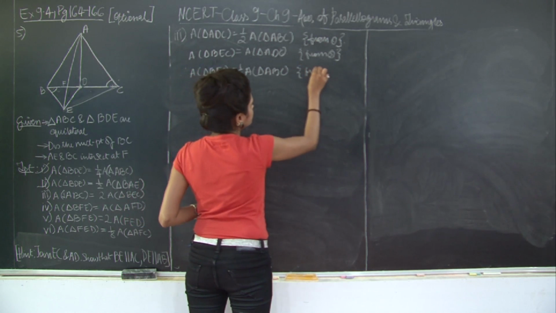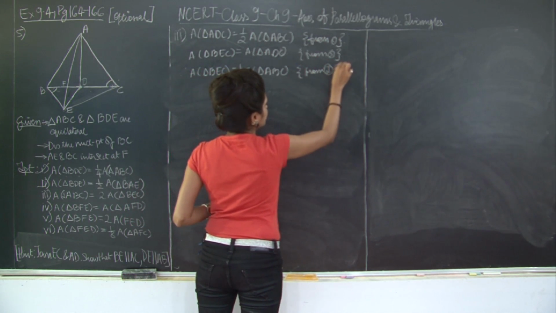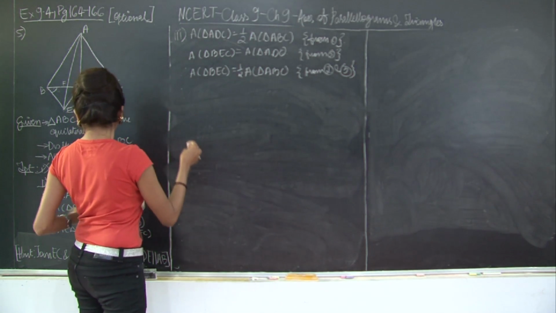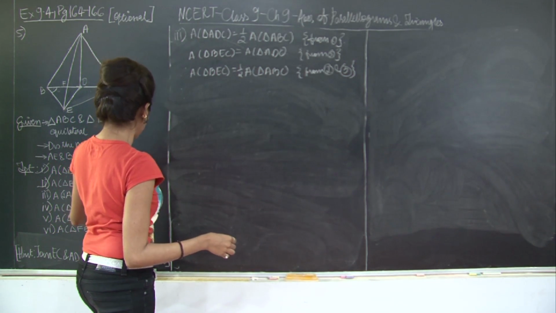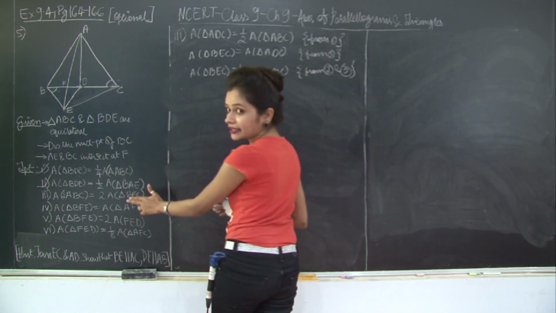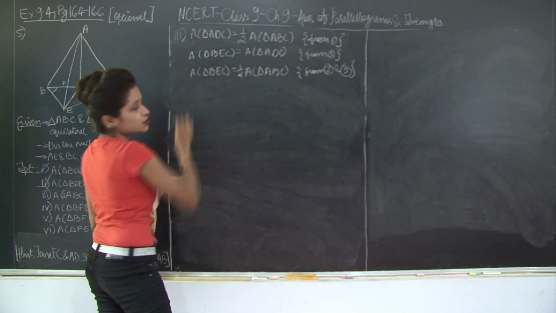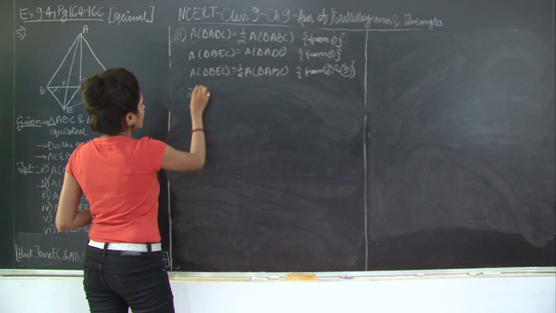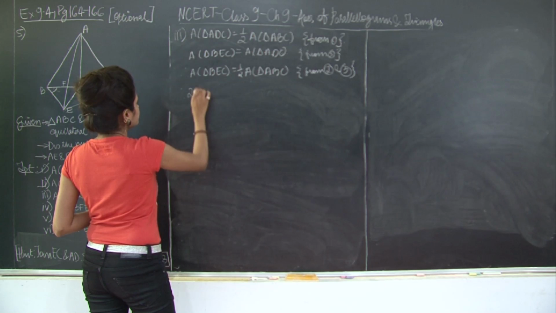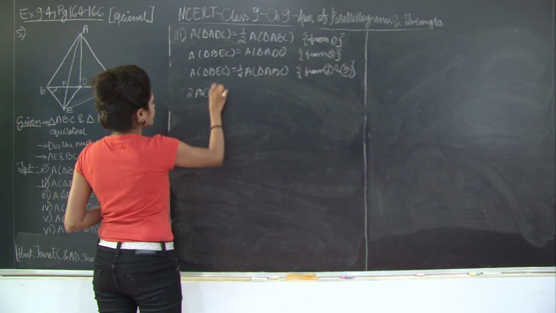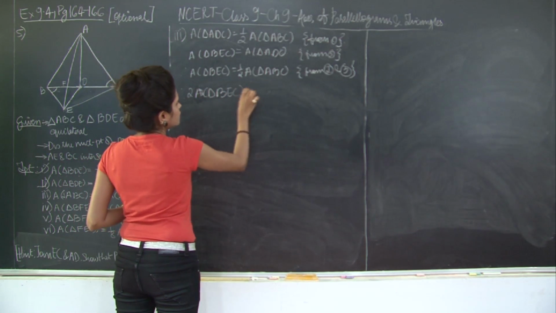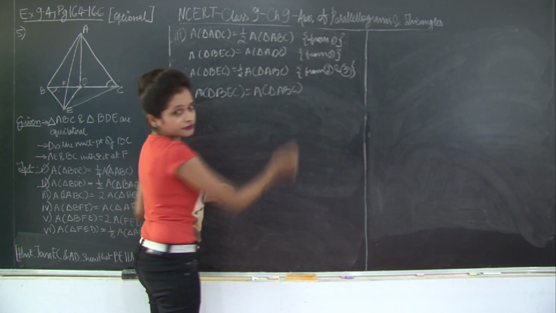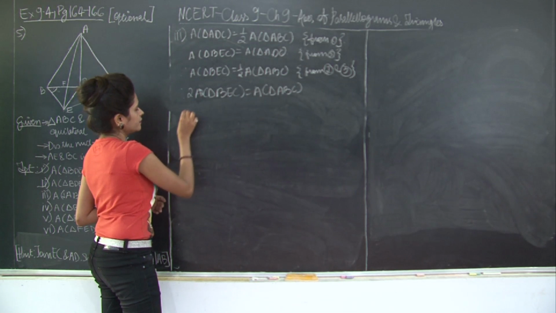from 2 and 3. Therefore, I get, what do we need? We need area of triangle ABC is equal to twice area of triangle BEC. So, I will take my 2 over here. Therefore, I get 2 area of triangle BEC is equal to area of triangle ABC, and just let us reverse this and rewrite.